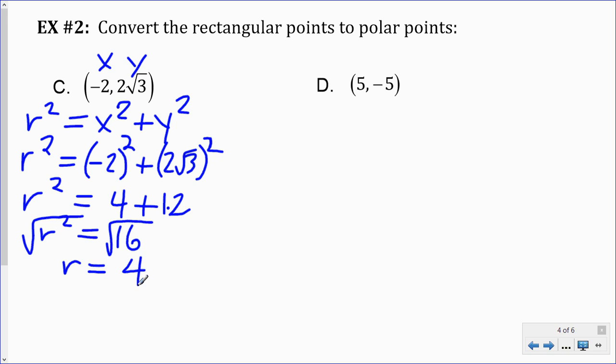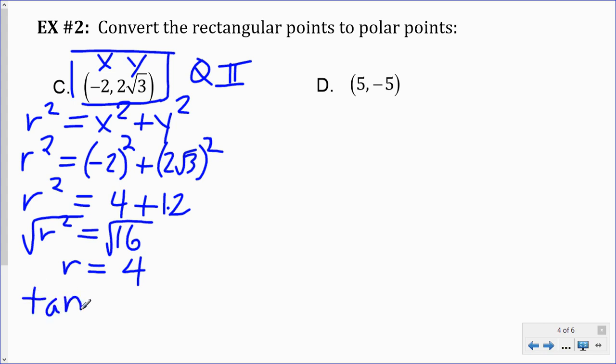Okay, and notice that our rectangular coordinates, this point would actually be in quadrant 2. That's important when we find theta, okay? So remember that tangent of theta equals y divided by x. So if I take 2 square root of 3 and divide it by negative 2, that's going to equal negative square root of 3.